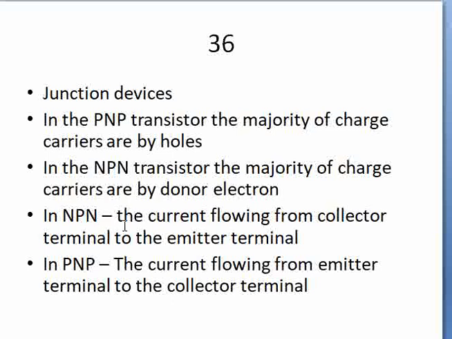In NPN, the current flows from the collector terminal to the emitter terminal, but in PNP the current flows from the emitter terminal to the collector terminal. This is important up to some extent. It is better to remember.